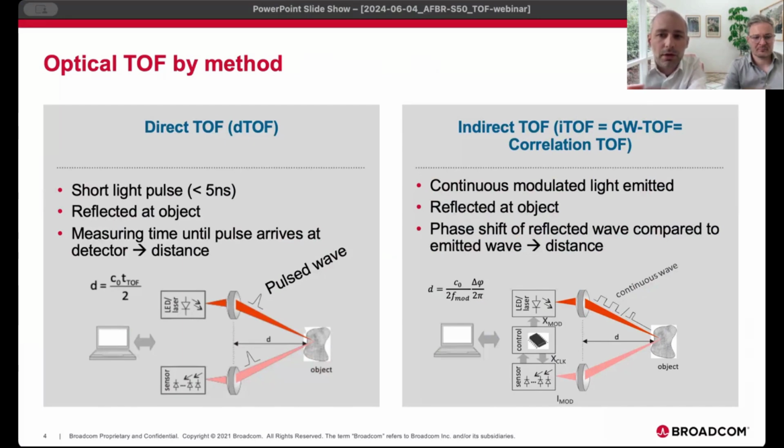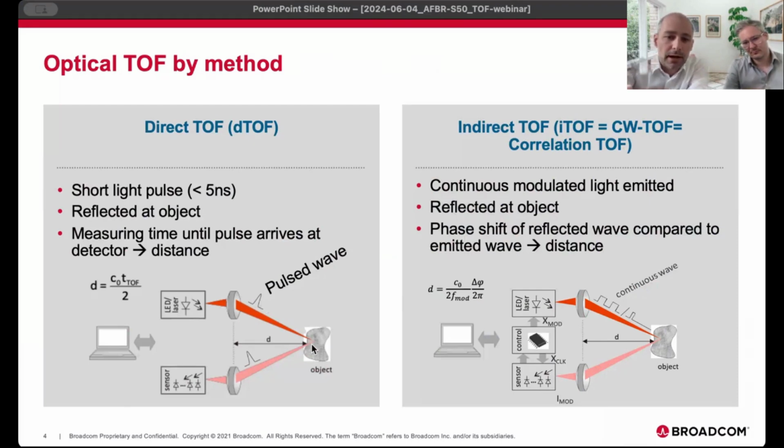Both can be named as LiDAR. First of all, on the left-hand side, the direct time-of-flight method. Here, for example, a very short light pulse with a duration of below 5 nanoseconds is emitted from a laser. You see here the pulse shape.